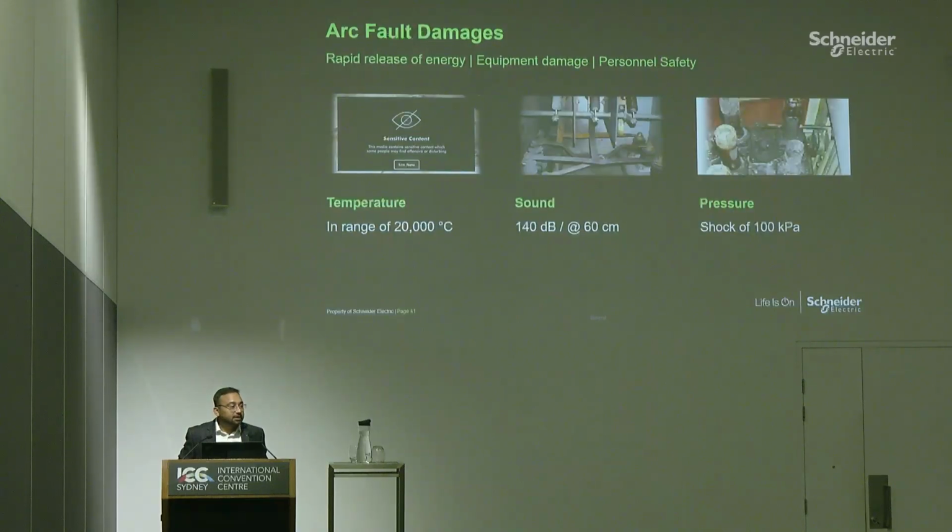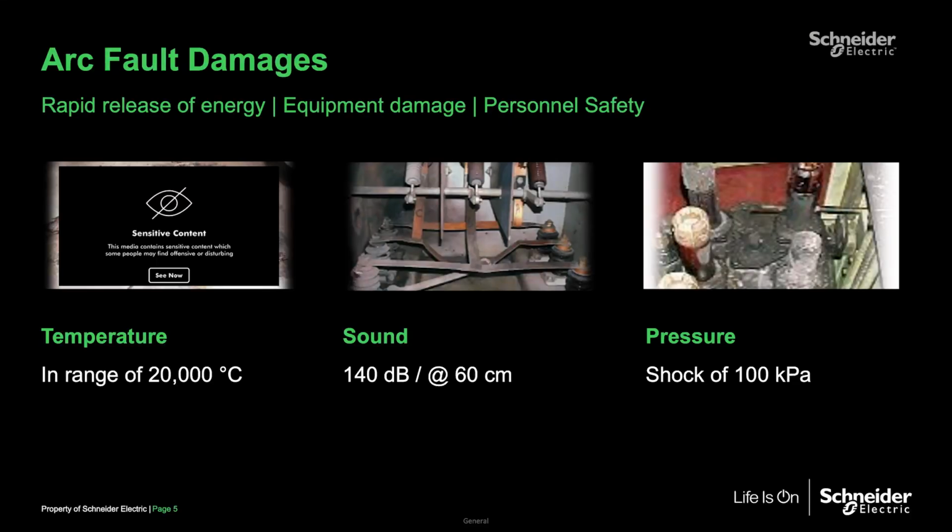As you can see, I have to blur one image, and this is a disclaimer for anyone who's not okay with viewing a sensitive image, because this is one of the outcomes of an arc flash at a substation, pretty famous on the YouTube platform. I have used it in my slide just to show you the severity of arc flash.